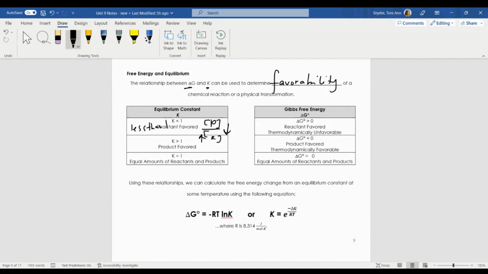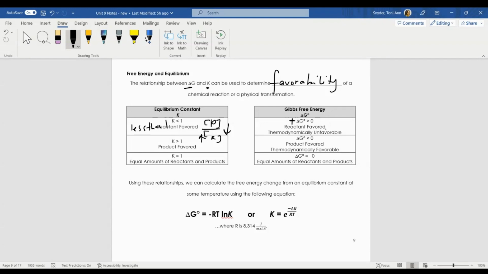However, if I have equal amounts of reactants and products, your K is approximately equal to 1 or very close to that. The same is true for Gibbs free energy. If I have a positive value, delta G greater than 0, that means this is reactant favored.